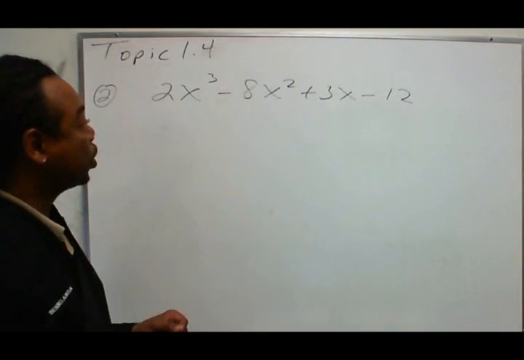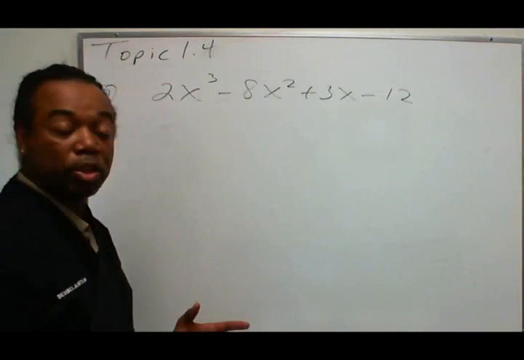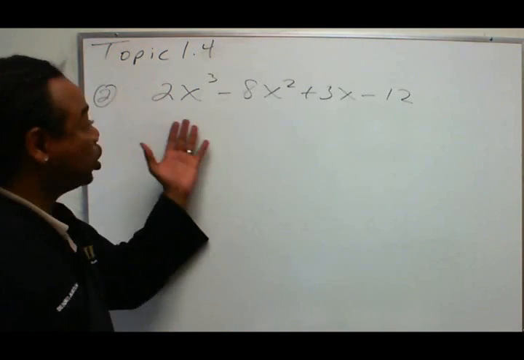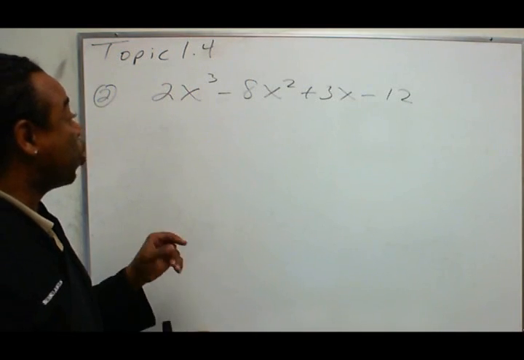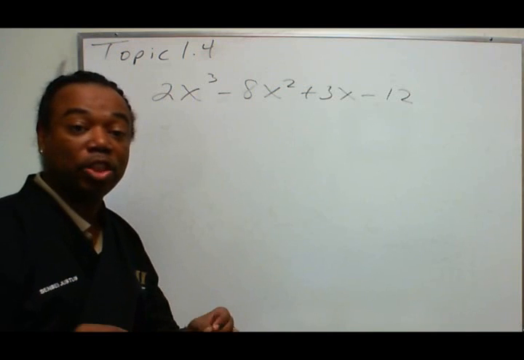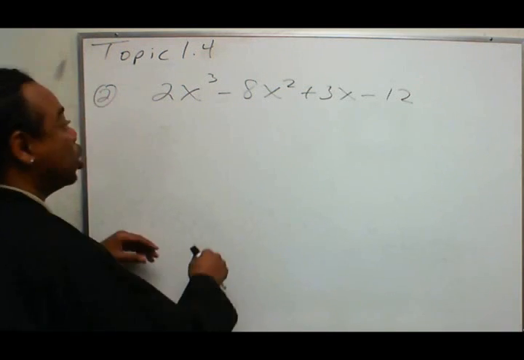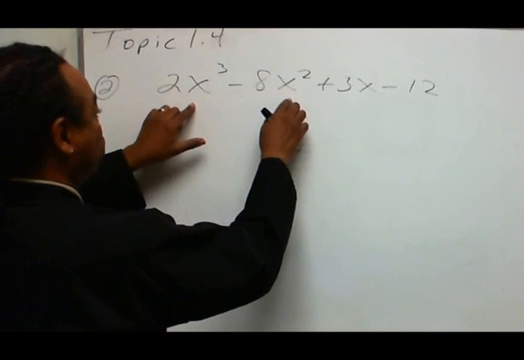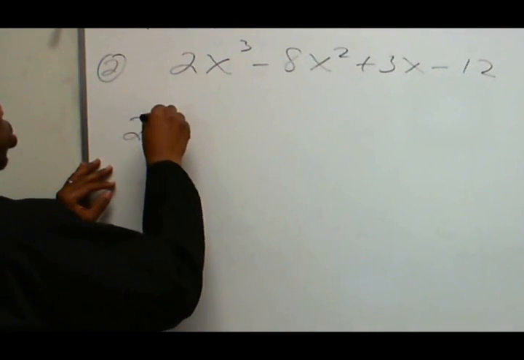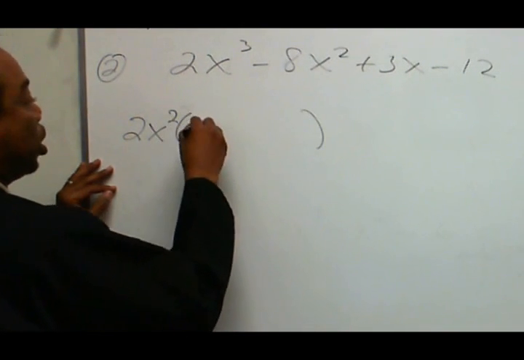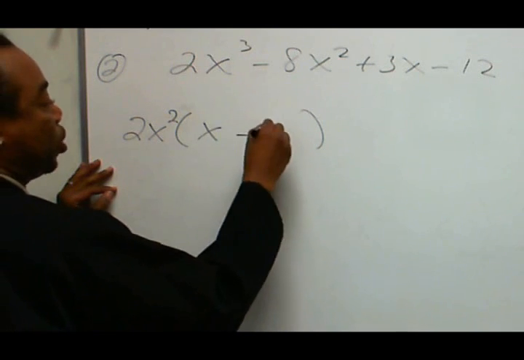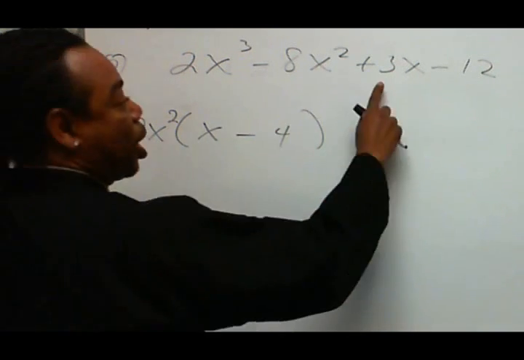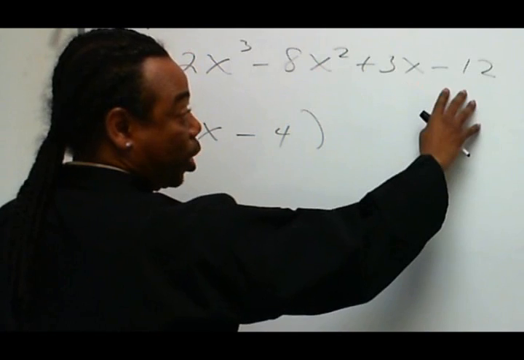Now we're going to factor once again. We're looking for greatest common factors, and there are no GCFs in this. So I'm going to try another method by taking the GCFs out in groups. So this group right here, the greatest common factor will be a 2x squared. So this used to be 2x squared times x minus 4. The greatest common factor for these two, in this group right here, will be 3.